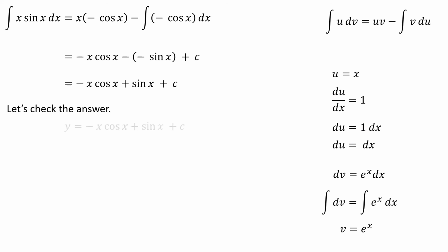Okay, so let's check our answer here. If y equals negative x cosine of x plus sine of x plus c, the derivative of y with respect to x, here we go again.